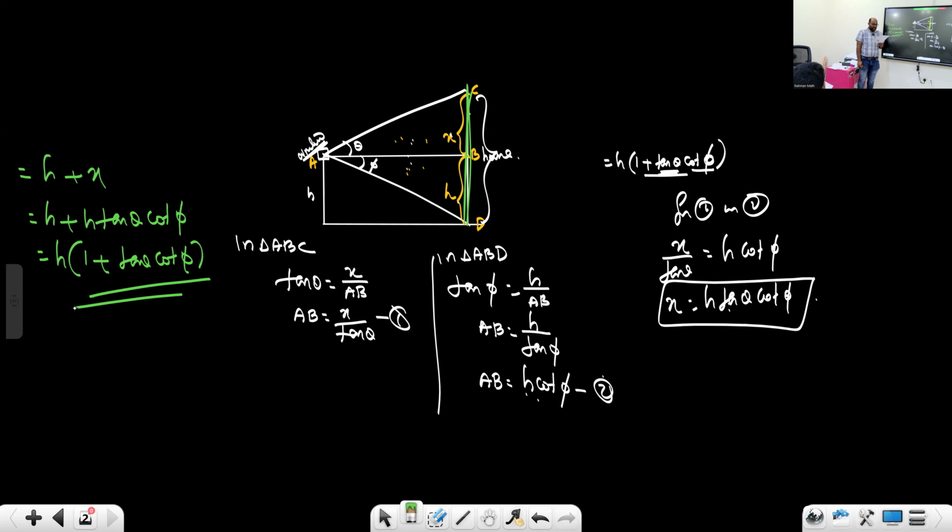The angle of elevation of the top of a chimney from the top of the tower is 60 degree. The angle of depression of the foot of the chimney from the top of the tower is 30 degree. Read everything carefully. The angle of elevation of the top of a chimney from the foot of the tower is 60 degree. This is the ground.